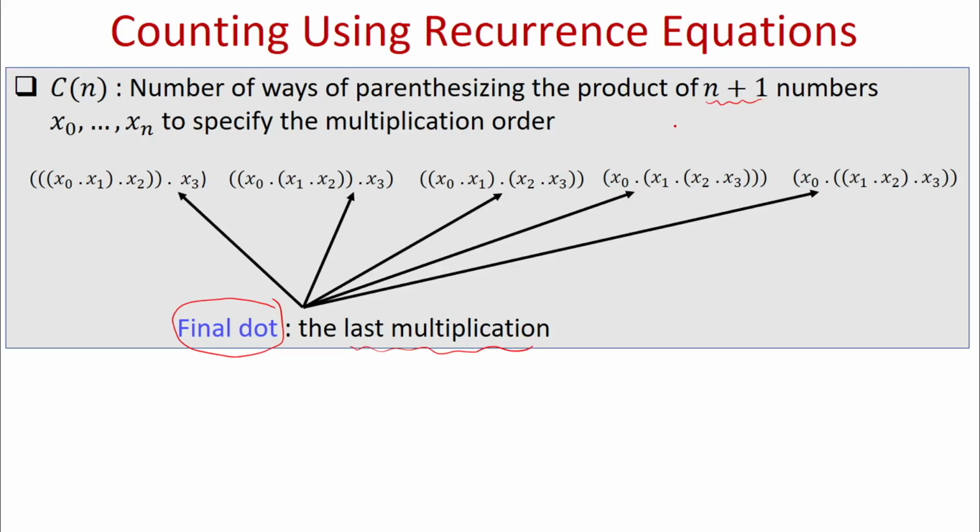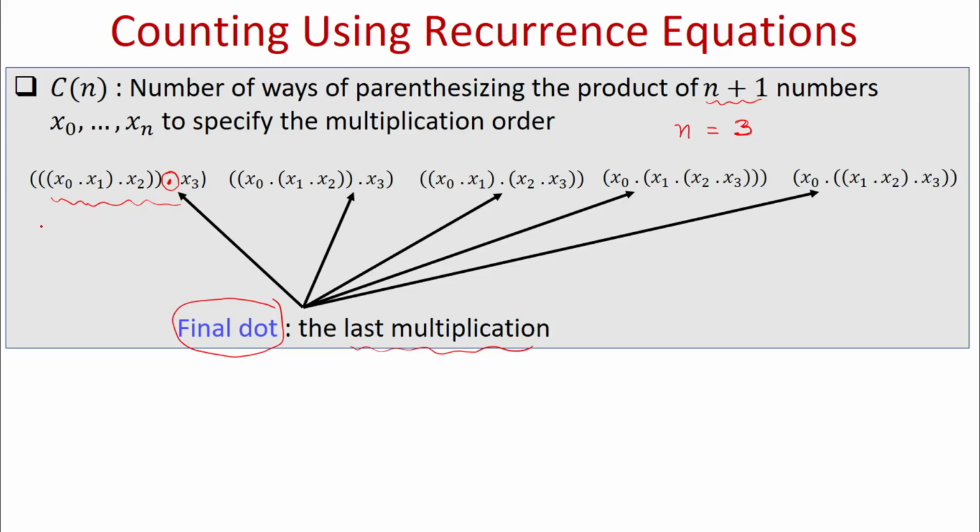So for instance, if my n is equal to 3 here, then in this sequencing the final dot is appearing here. I will be focusing on this final dot. I can interpret this sequencing as follows. My problem instance is divided into two problem instances.